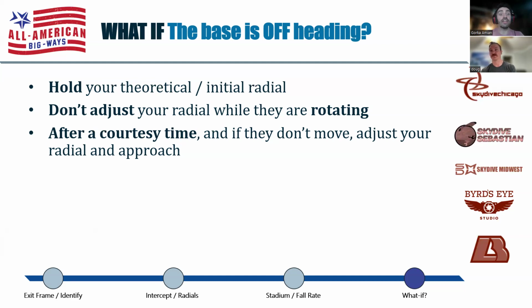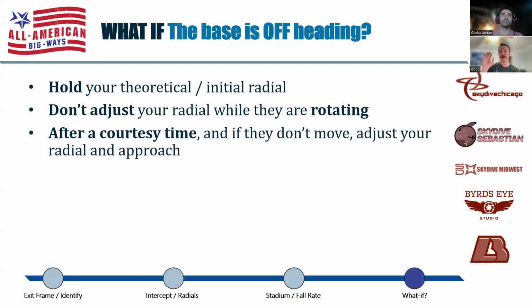So like Doug said, if the base is still moving, hold your theoretical initial radial and give the base the chance to fix itself. Think of the stadium as your asylum. If anything goes wrong, you stop, hang out, get in your stadium on your theoretical radial heading based on line of flight, and let everything sort itself out down there, like there was a flag on the field and we're sorting it out.